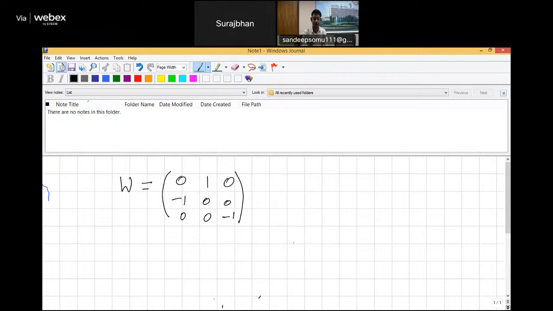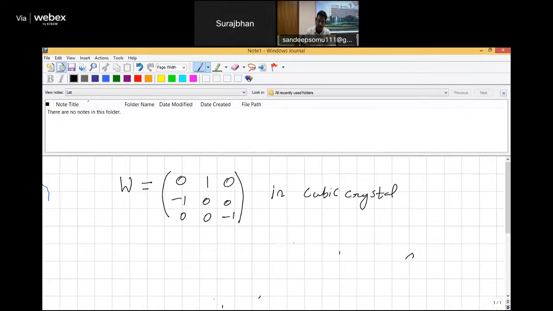So this is a symmetry matrix in a cubic crystal. So we will do complete analysis of this symmetry matrix.